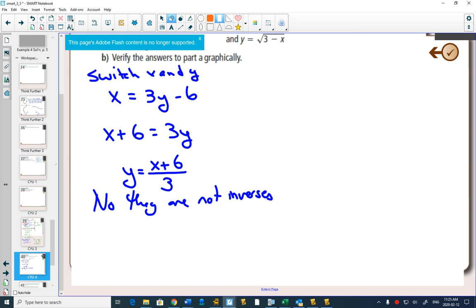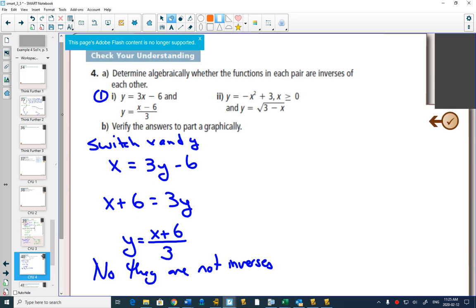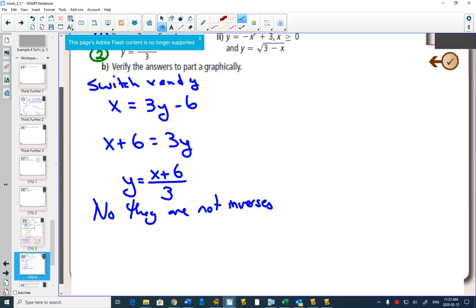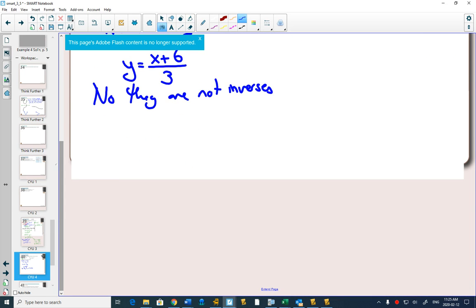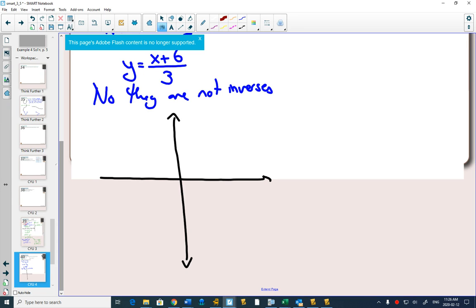what we're going to do is graph equation 1 in blue. I'm going to graph equation 2 in green. So equation 1 was y equals 3x minus 6.